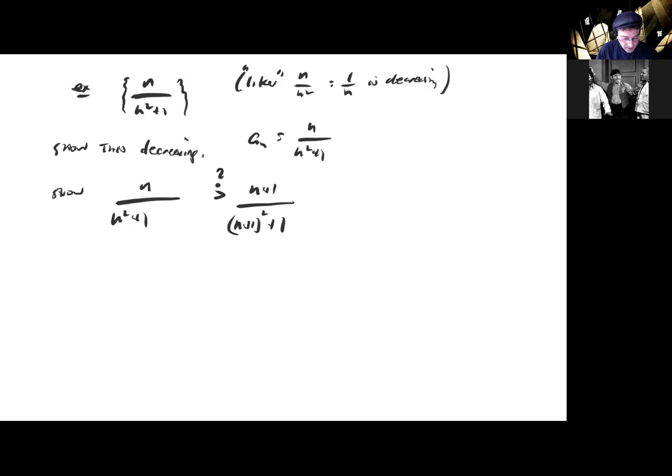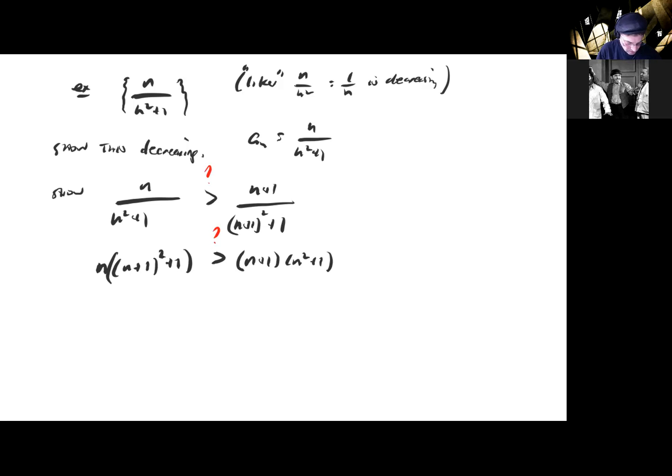So what I'm going to do is multiply both sides by the denominator on the left and the denominator on the right. That does not change the direction of the inequality if the inequality holds. So this would be asking whether n times ((n plus 1) squared plus 1) is bigger than (n plus 1) times (n squared plus 1). I'm going to make this question mark in a different color just so you know it's questionable. Okay, so we have to do some algebraic manipulation.